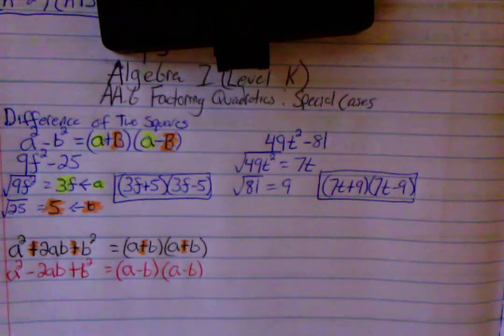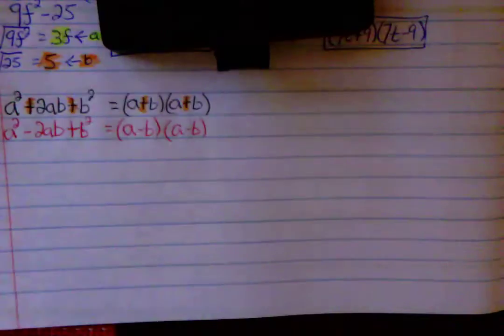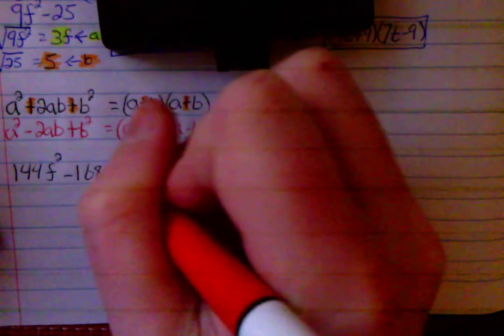So an example. Say we have 144f squared minus 168f plus 49.